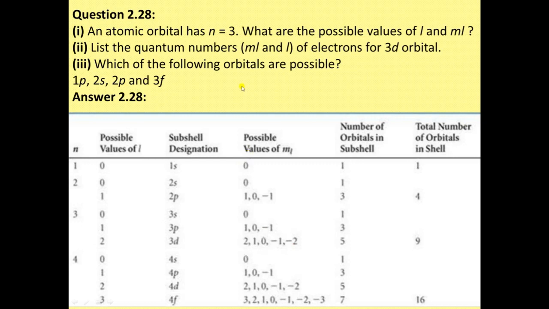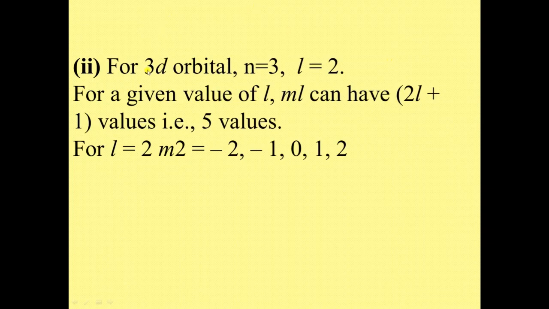Second part, list the quantum numbers of electrons for 3d orbital. So in 3d orbital, value of n is 3 and value of l is 2. So you can find out value of ml. Magnetic quantum number is minus l to plus l. So minus 2, minus 1, 0, 1 and 2.